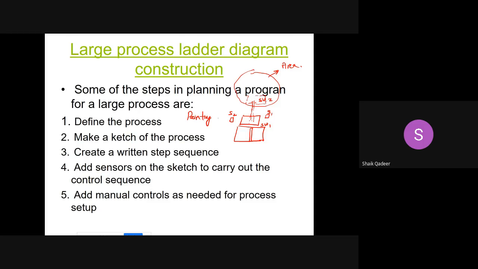The moment it reaches this particular place, switch 2 will tell us that it reached the place at which painting can be applied. Then, in order to start the painting operation, let us suppose that we have a pneumatic compressor with the help of which we can apply pressure paint on this workpiece.